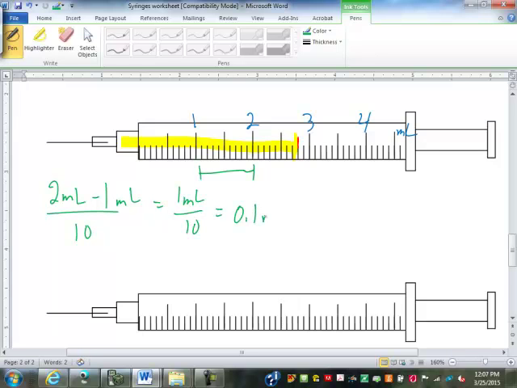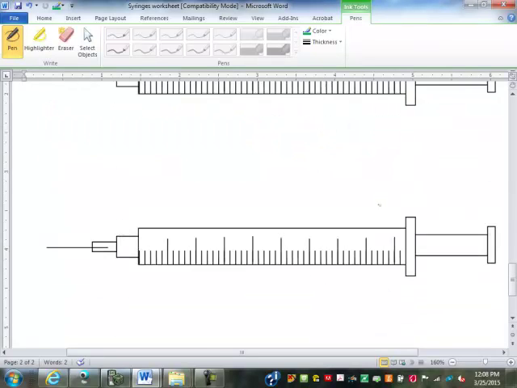So that's 0.1 milliliters per division. This is our halfway point, which is 2.5, 2.6, 2.7, 2.8 milliliters. Anybody have any questions on those? Okay.